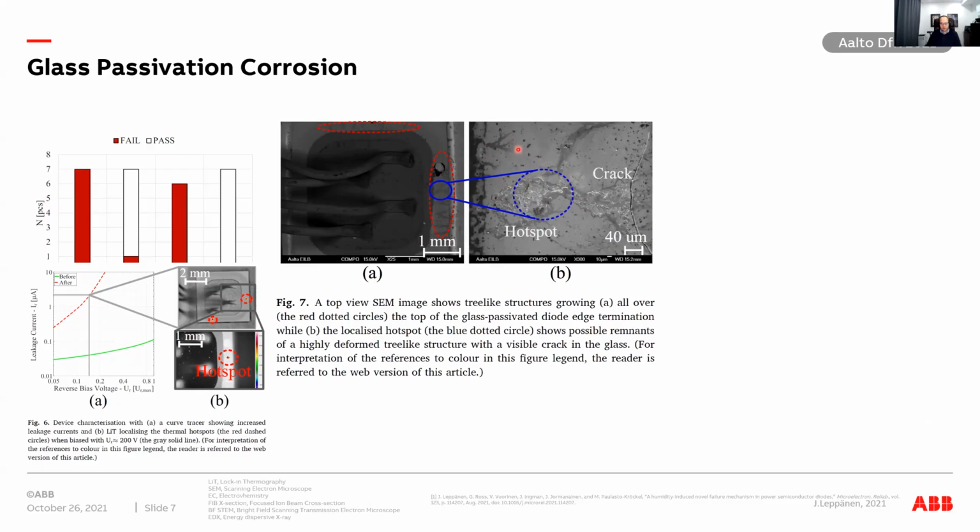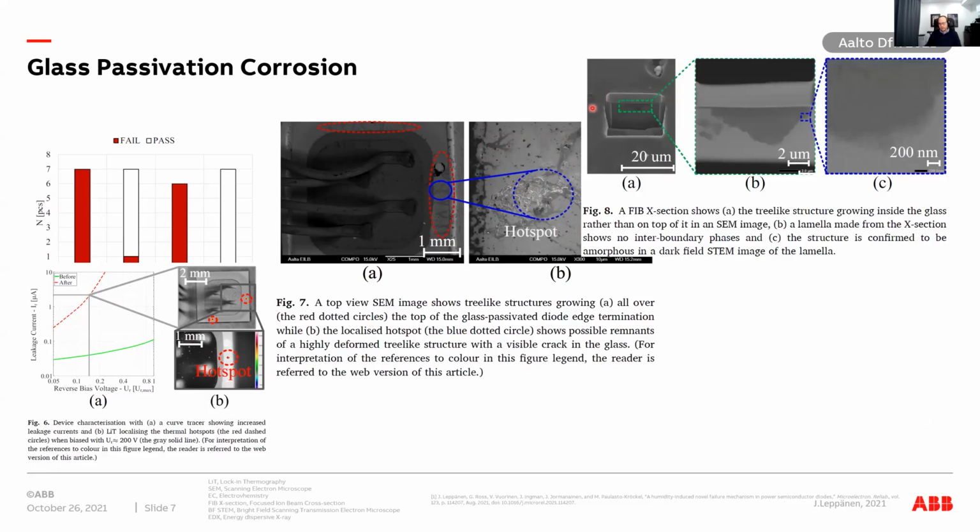But in some places, we saw smaller tree-like structures that had just started growing. And we could see them growing from both ends of the edge termination, so from both polarities. And in some cases where we had really large burn marks, we could also see cracks there. And one of the hotspots was localized into this region.